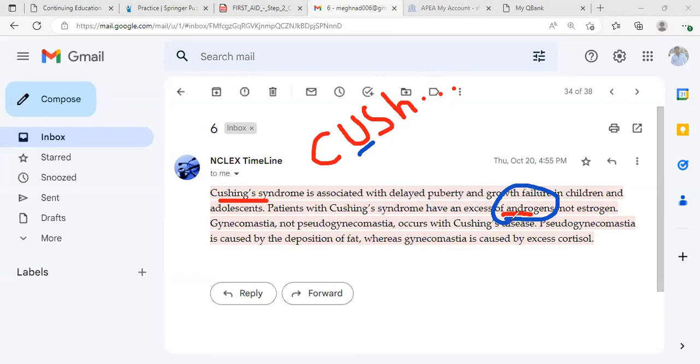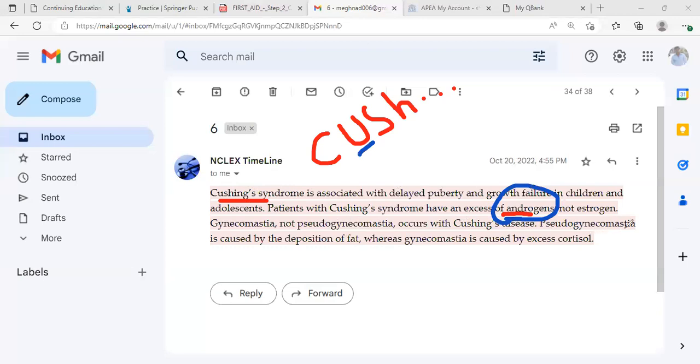When our body tissue is exposed continuously to too much steroid or too much endogenous hormone, the patient develops signs and symptoms we call Cushing syndrome. So what are the presentations? The patient presents with gynecomastia, and not pseudogynecomastia, in Cushing syndrome.